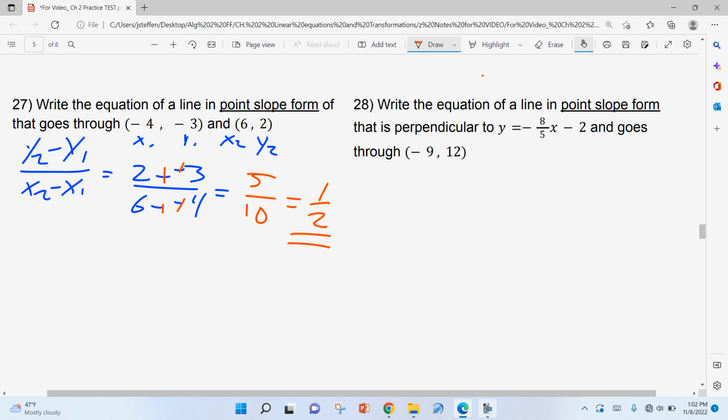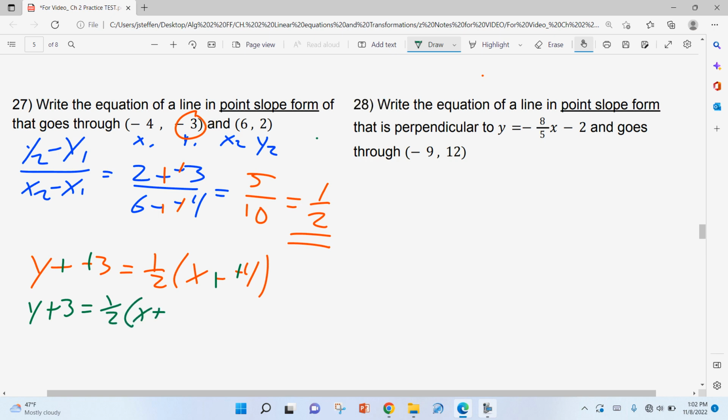Then point slope form, that means we have y minus -3 is equal to 1/2 times x minus -4, which again, when you have minus and negative, that is the same thing as plus. So please rewrite this: y plus 3 is equal to 1/2 times x plus 4.